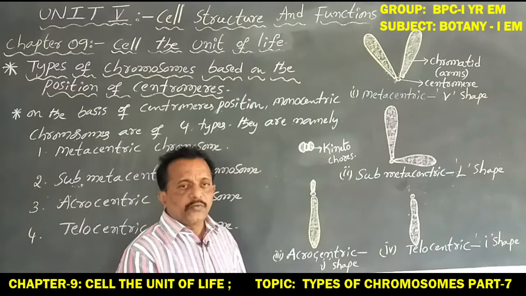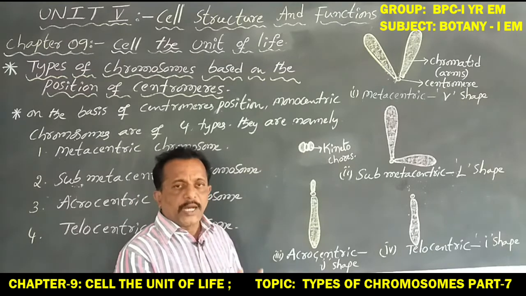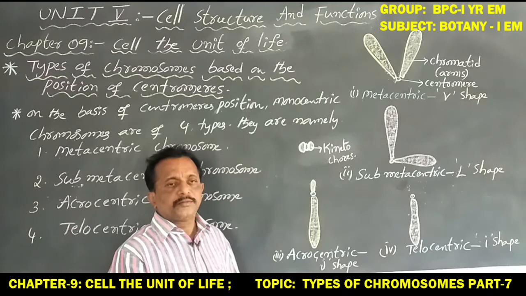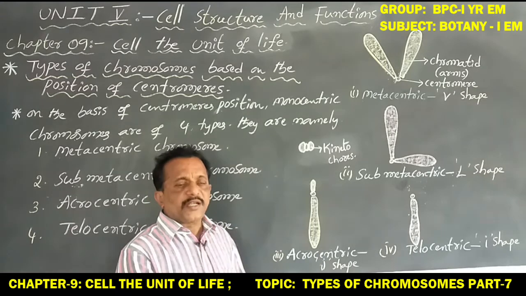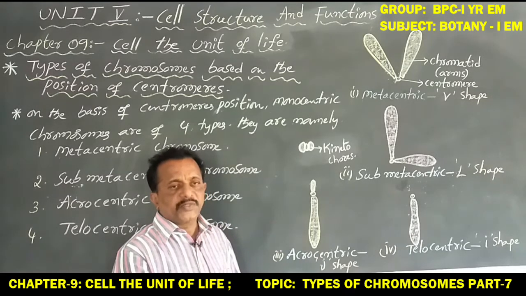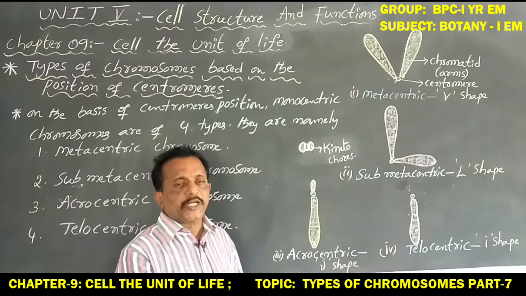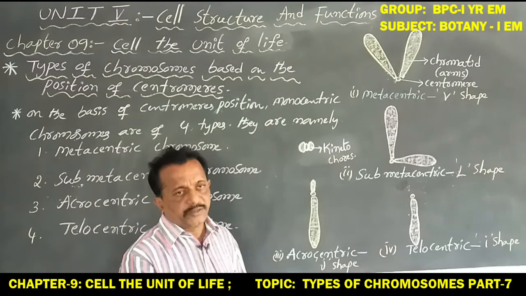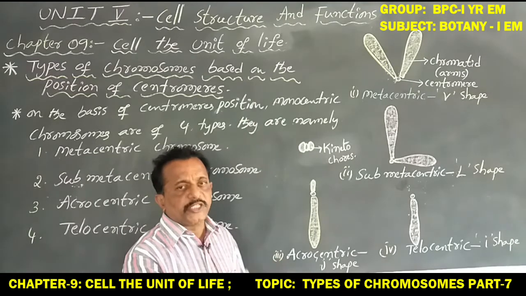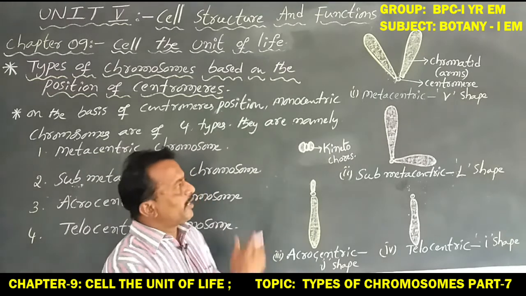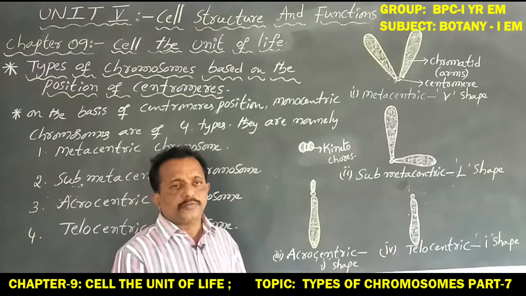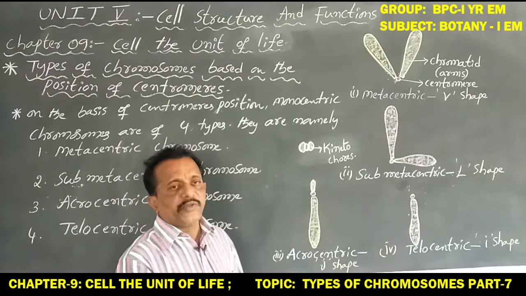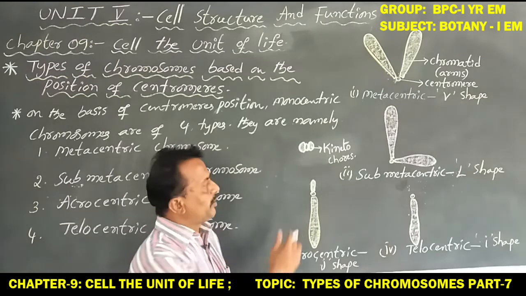Dear students, the four types of chromosomes appear during anaphase, especially shown as the English letters V, L, J, I shapes. Metacentric chromosome appears V-shaped during anaphase.